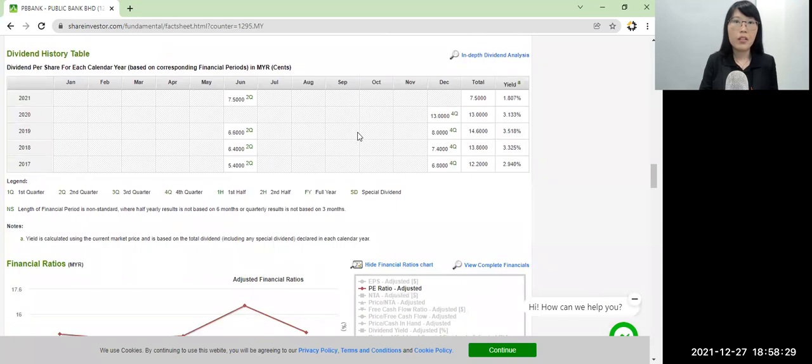Now, the next one is the dividend history table. Based on this table, you can see how many dividends per share you can get and also the dividend yield. Okay, dividend yield and the total dividend you can get in particular years.